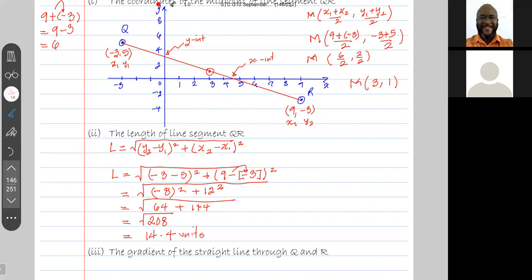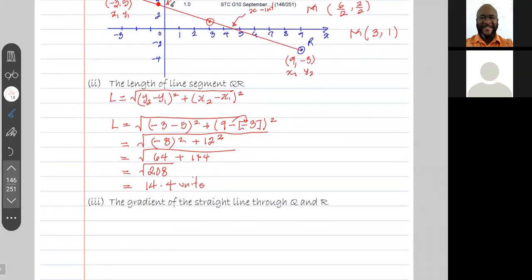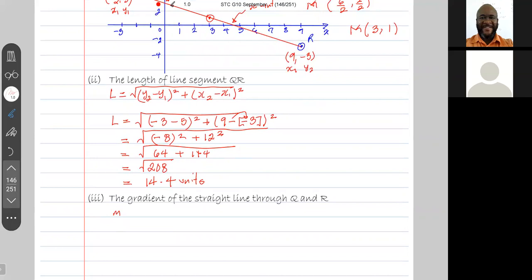Next, you ask for the gradient of the line. Just looking at it, it looks as if the gradient of the line is negative because the line is sloping down. The gradient, m, is y2 minus y1 over x2 minus x1. So this is y2, which is minus 3, minus y1, which is 5, over x2, which is 9, minus x1, which is minus 3.